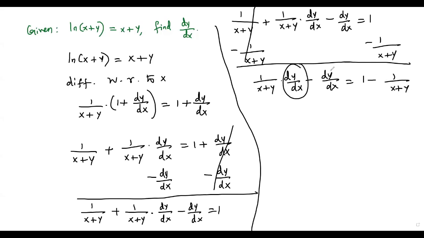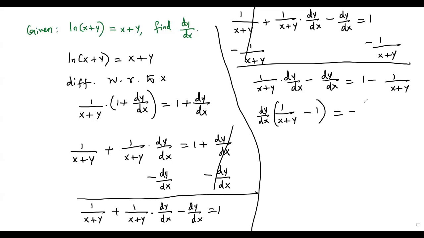Now I can factor dy over dx from the terms on the left side. When I factor dy over dx, I'm getting 1 over x plus y, minus 1. On the right side, I'm going to factor a negative sign from these two terms. Whenever I factor a negative sign from the terms of an expression, the original sign of the terms will change.